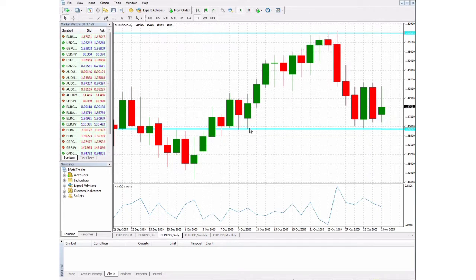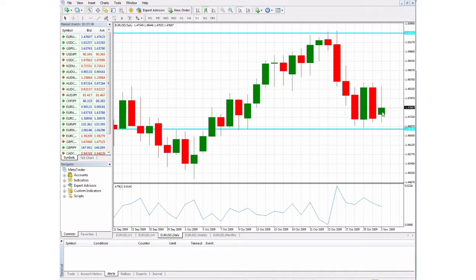Now, as you can see, prices are still inside of this channel for this particular breakout. Okay, so at that particular point, nothing would happen. But how the breakouts work is you basically choose the time period, and this is daily.